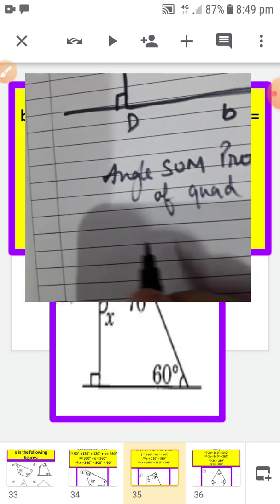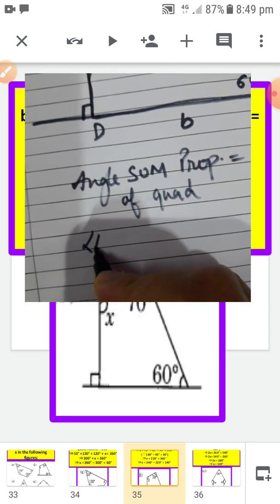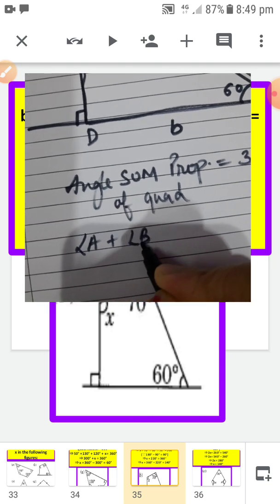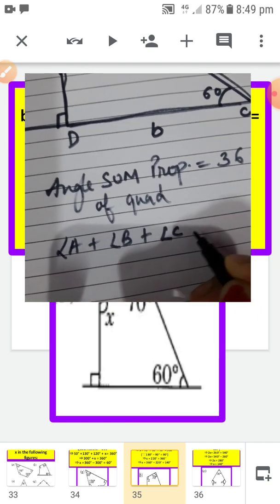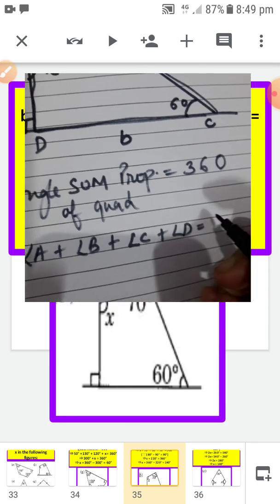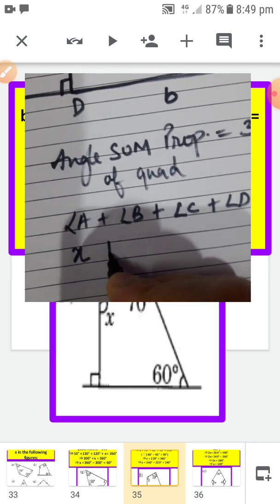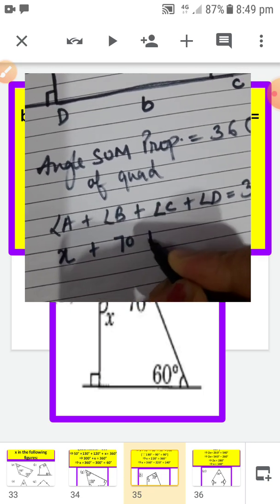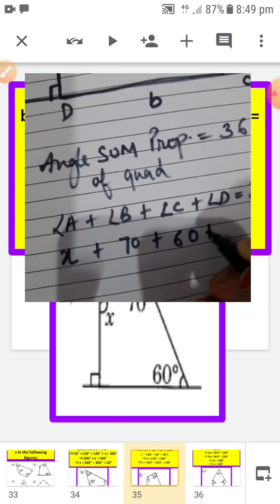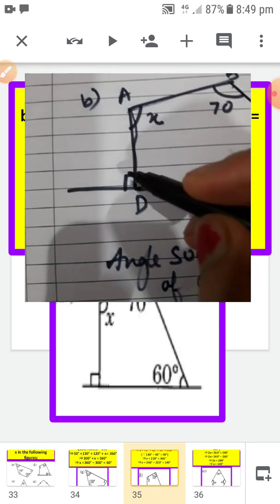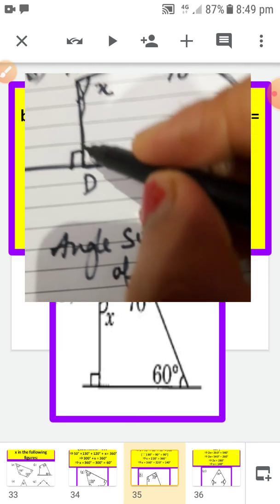Okay, now which angles do you have? Angle A plus angle B plus angle C plus angle D equal to 360. Now angle A is x, angle B is 70, angle C is. Now what about angle D? We don't have anything here.